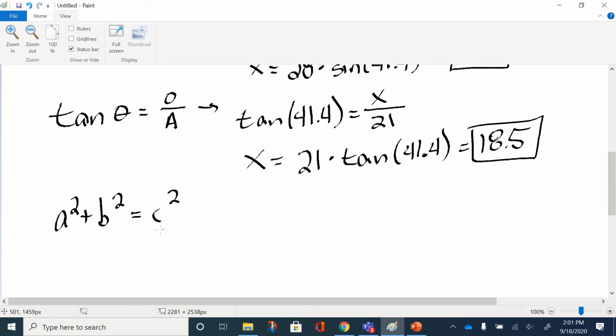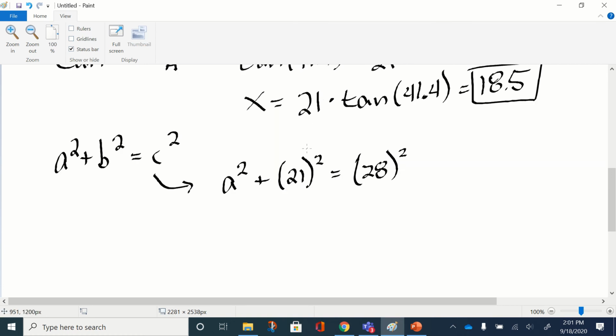I've got one of my legs originally, so I'm going to leave a as my unknown. This is going to be plus 21. That was my b, the other leg, is equal to 28, and I'm going to have it squared. In order to solve this, I'm going to go ahead and square those just to get that out of the way. So I've got a squared plus 441 is equal to 784.